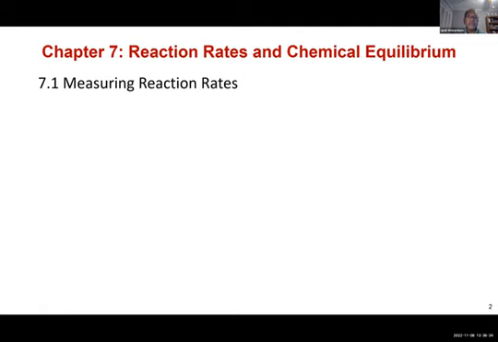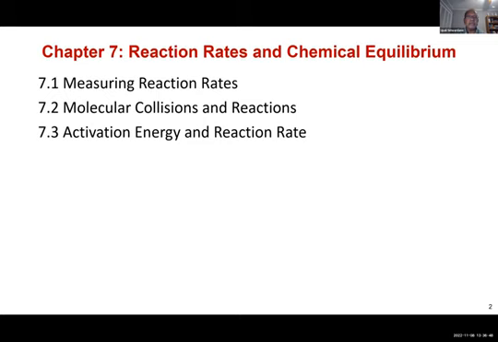we're going to talk about measuring reaction rates, how you measure the rate of a reaction. The rate of a reaction is dependent on molecular collisions. So we're going to look into that. Collisions are important for a reaction to take place, but a collision should have enough energy, meaning activation energy, to complete the reaction, reactants going to products.